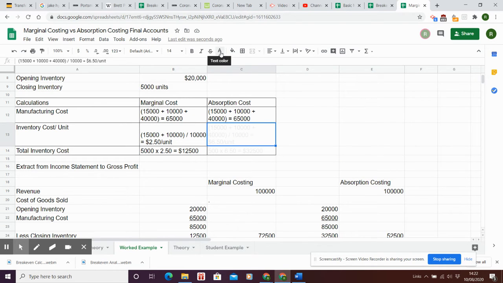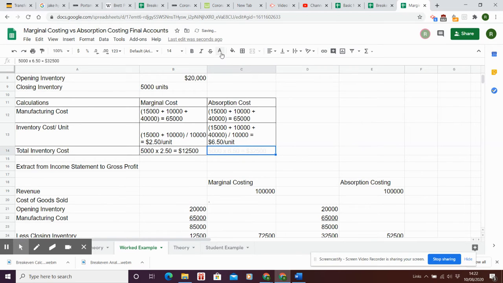Okay, when we do the same thing for absorption costing, we also add the 40,000. So we do 25,000 of variable costs plus 40,000 for fixed cost gives me 65,000 divided by 10,000 units, and that tells me it's going to cost me $6.50 per unit, and that's the real cost of manufacturing.